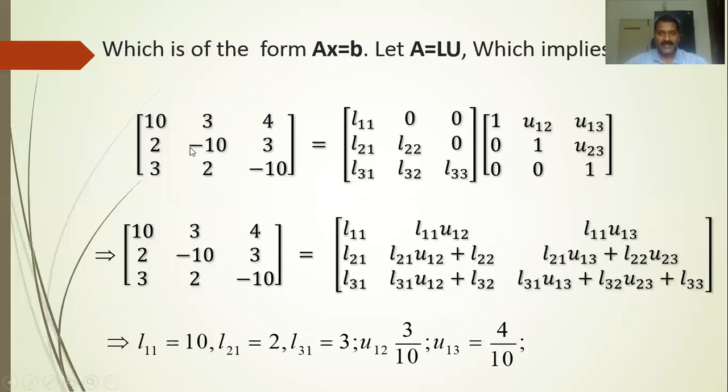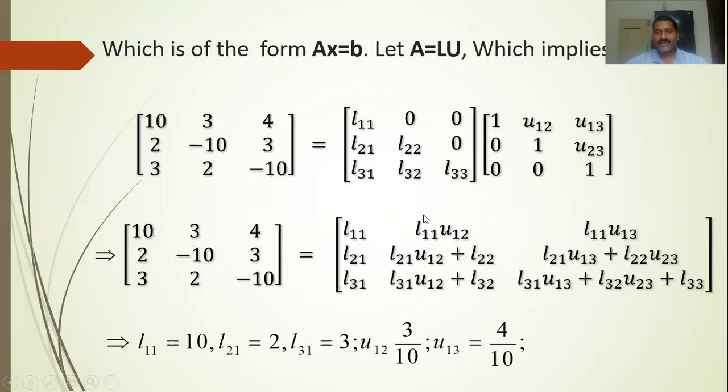For A, I plug in L, with L11, 0, 0 and so on. For U, the diagonal elements are taken as 1. Now, if I multiply these two matrices, that yields L11, this, and so on. There are 9 elements here and 9 elements there. Equate term by term, element by element. We know that two matrices are equal if the corresponding elements are equal. So this yields L11 is 10. Then L11 plus U12 equal to 3.